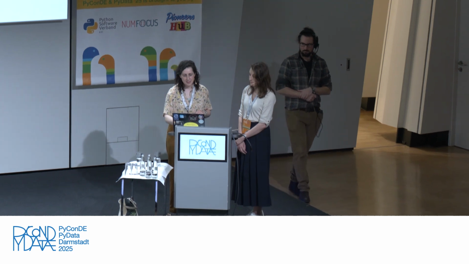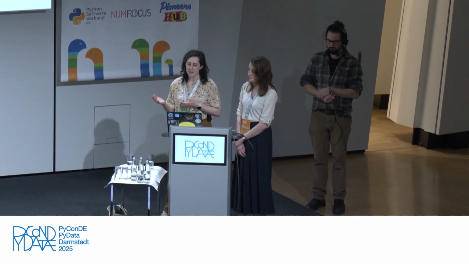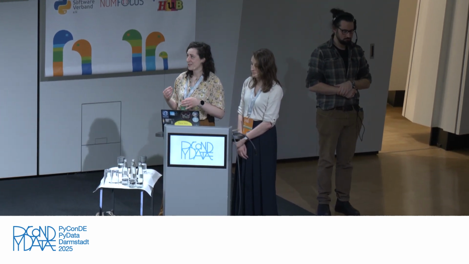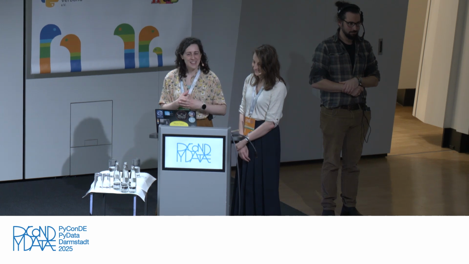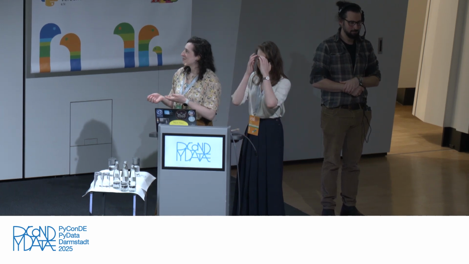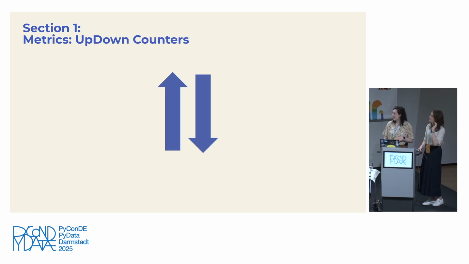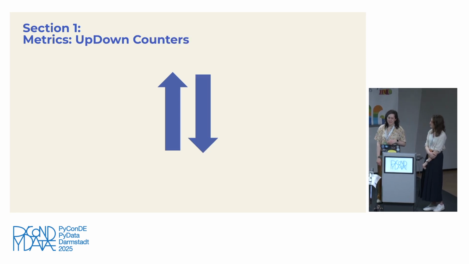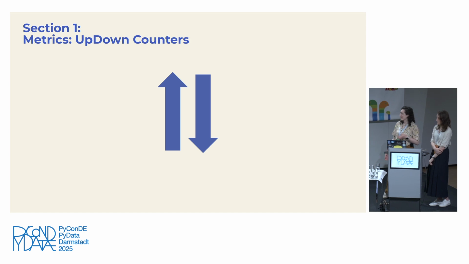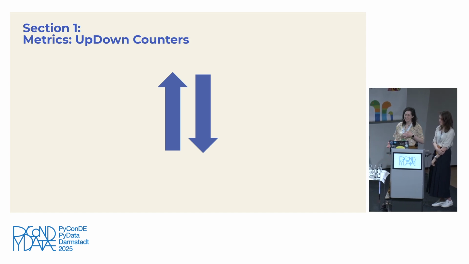There are different forms of metrics. So there's counters, which are measurements that monotonically increase from 0. An example of a counter metric could be the number of requests received. There are also up-down counters, which start from 0 but can increase or decrease. And you might use this for tracking the number of active users.